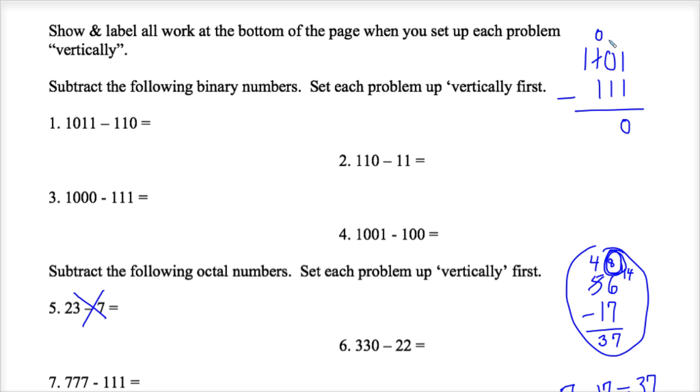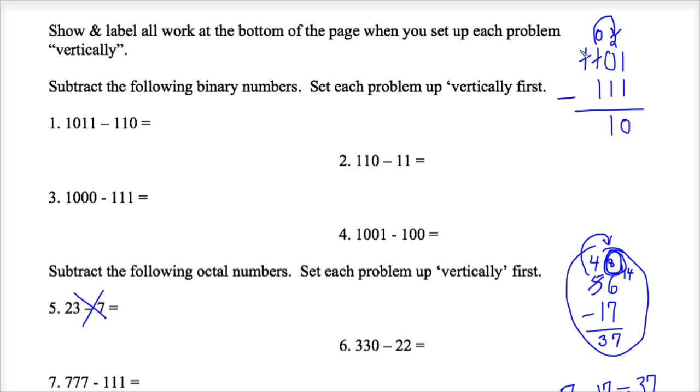You borrow a group of 2. Instead of borrowing groups of 8 over here in octal, you borrow a group of 2. And you had 0 currently in this spot, so this 2 minus that 1 is a 1. Now in this column here, you have a 0 minus a 1. You can't do that either.